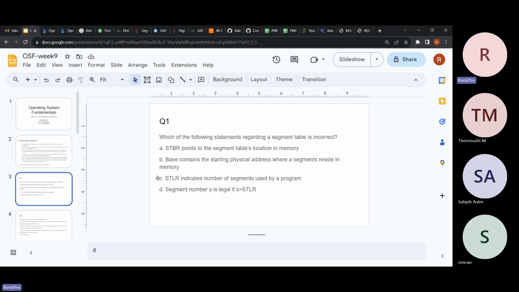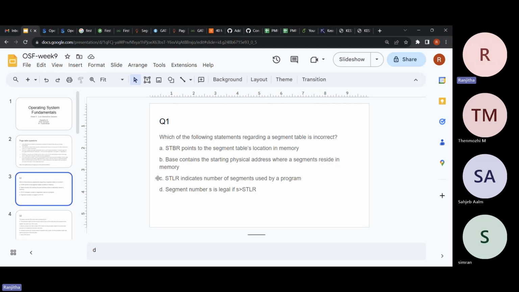So question one: which of the following statements regarding a segment table is incorrect? Segment table BR is the base register, which points to the segment table's location in memory. That is true. Base contains the starting physical address where a segment resides in memory. That is also true. STLR is the length register.